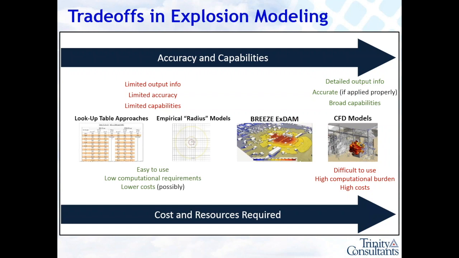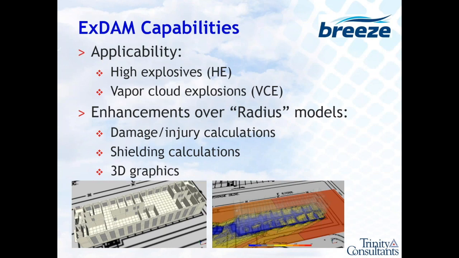So we think it's sort of the best of both worlds for a lot of applications. So ExDAM has both the high explosive capability and vapor cloud explosion capability. And the main thing it adds on top of the radius type empirical models would be damage injury calculations, shielding calculations, and much better and more impactful and meaningful graphics.